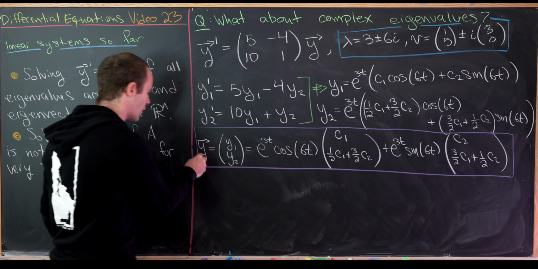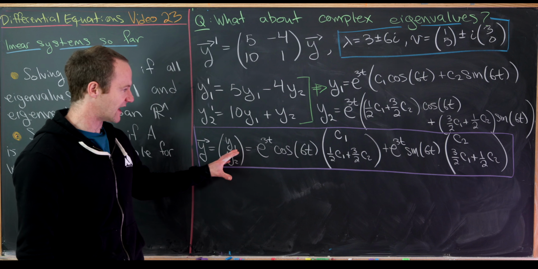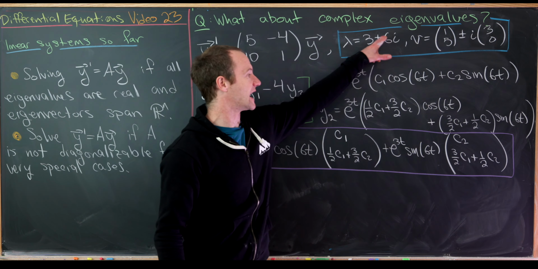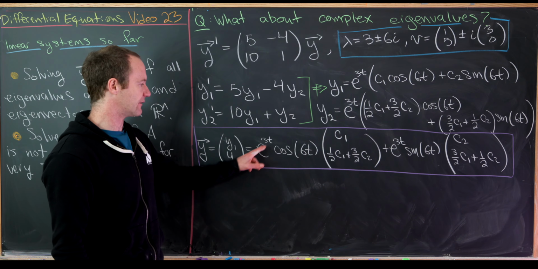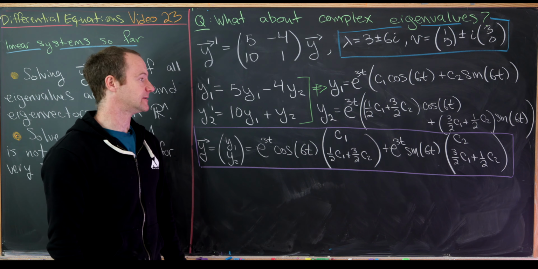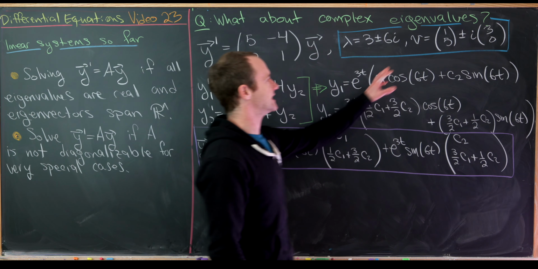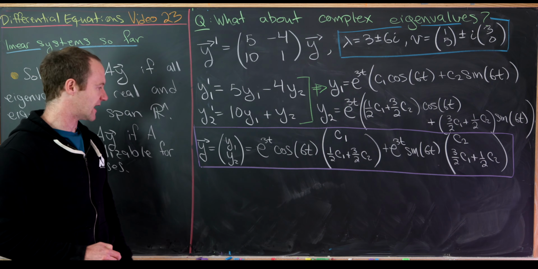But we're not really quite done, because we'd like to relate that not only to the eigenvalue, which I think is already related given that we have this e to the 3t, this cosine and sine 6t, but we'd also like to relate it to the pair of eigenvectors. So how can we do that?